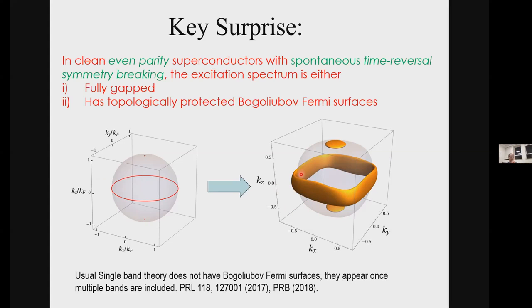Would you be comfortable making a statement that in general these Bogoliubov Fermi surfaces involve spin-orbit coupling to some extent? Actually, I would almost be comfortable with that, but I can think of one class of Hamiltonians where I can think of an exception.